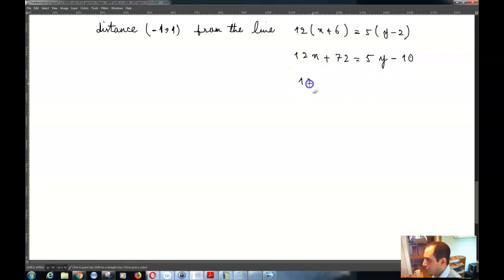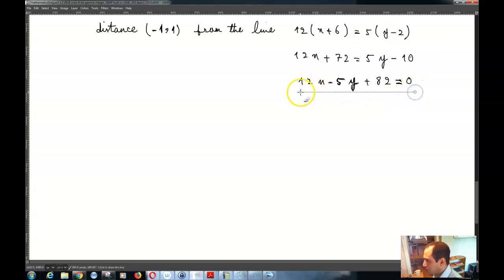So you can write 12x minus 5y plus 82 is equal to 0. So 12x minus 5y, and here you have 72 plus 10 is equal to 82, is equal to 0.